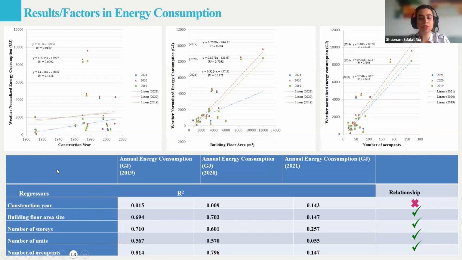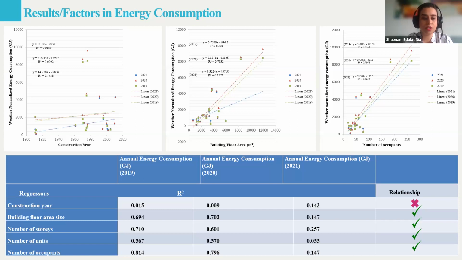It means that in buildings with a larger floor area size and more stories and units, energy consumption is higher. And it's because, for example, with a larger floor area size and more stories, there's more potential for energy loss, and so higher energy demand in the building. And also with a higher number of occupants, energy demand will increase, and so energy consumption will increase.